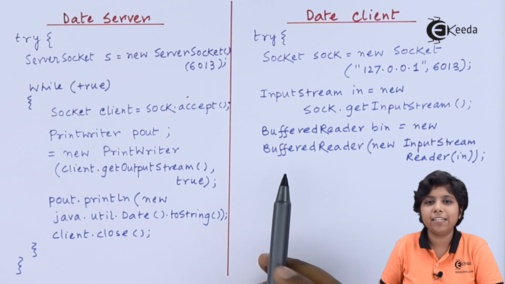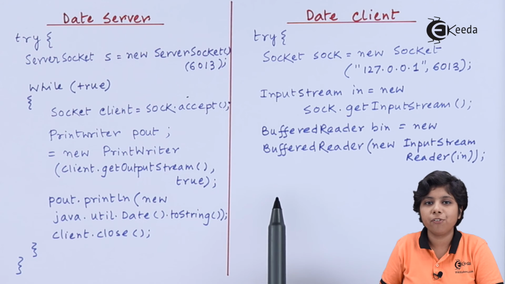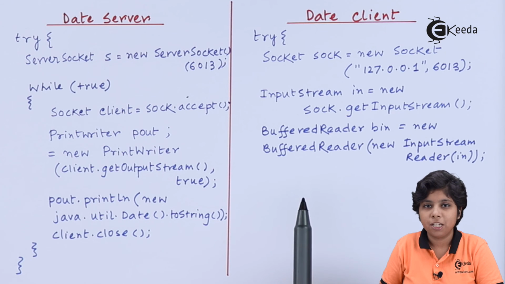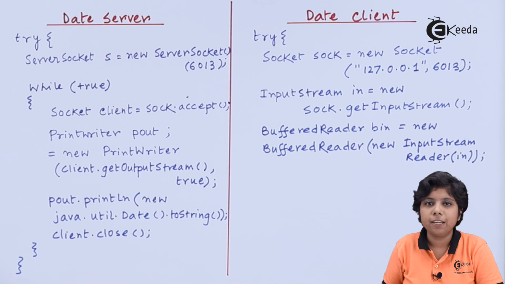Here we are creating an input stream and a buffered reader to make use of the input and output stream. Now we will create a string line to get the current date and time from the server to the client program.